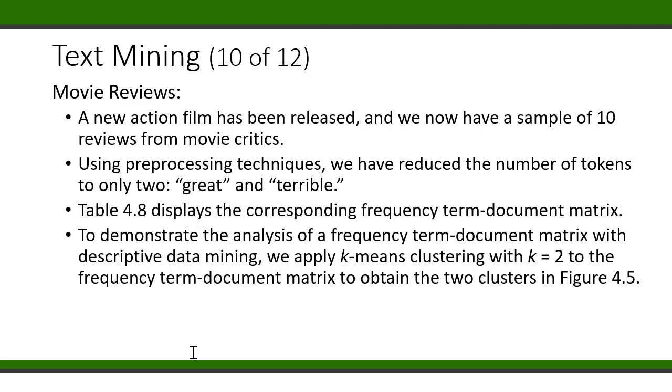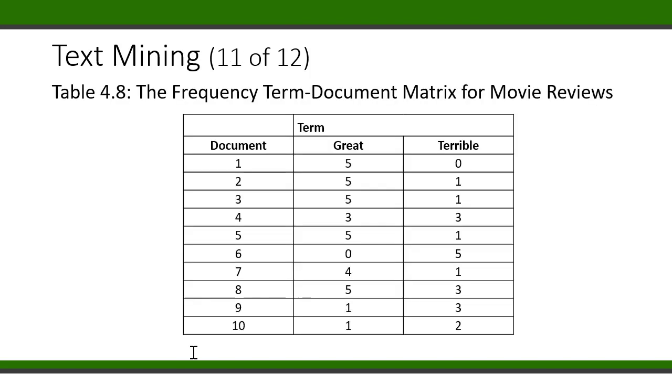From there, we would apply k-means clustering to the frequency term document matrix to obtain 2 clusters. So here's our text mining. How many times did it occur in each one of those documents? We want to see if there are any clusters that fall out.